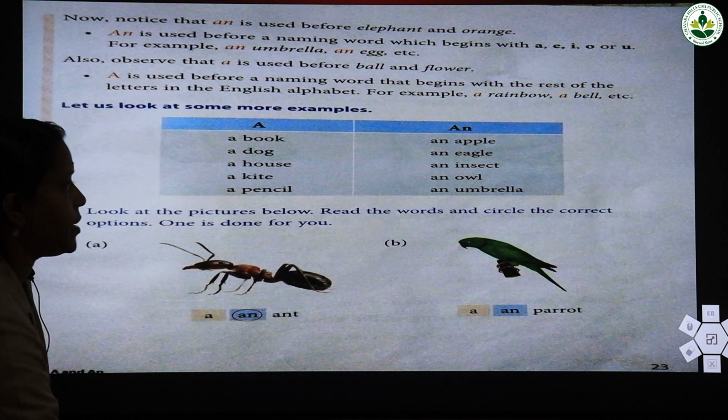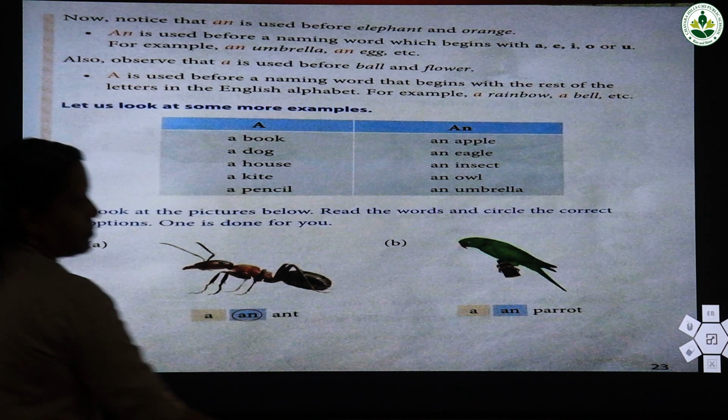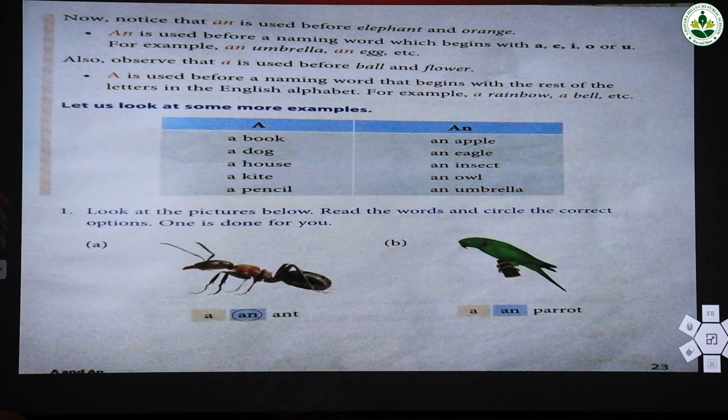So, what do you mean by that? Listen here. Read this. Look at the examples. A book. What is written here? A book. A dog. A house.